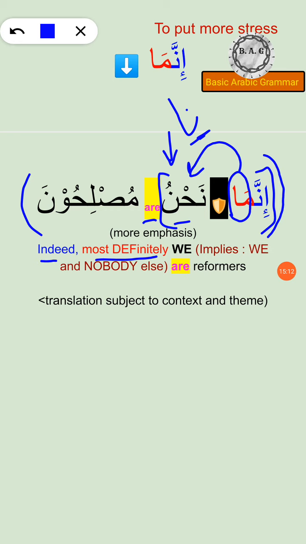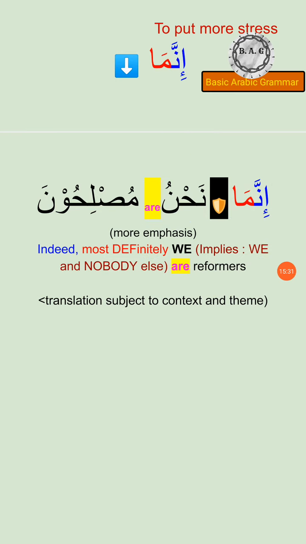That's the concept, the stress that we call hasr or hisr in Arabic. It gives the sense of "we and nobody else." So you can see how a simple stress has been magnified and intensified here.